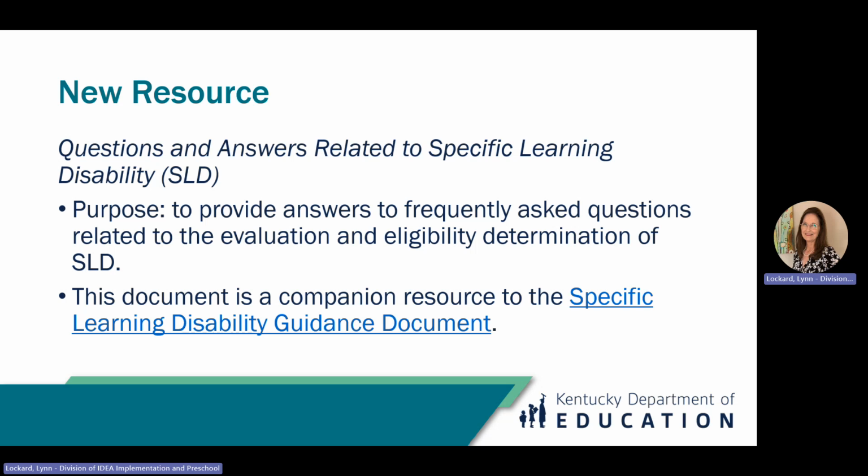As with any disability, the ARC must prove an adverse impact on the student's educational performance. To help clarify the evaluation and eligibility determination process for SLD, a questions and answers related to specific learning disability document has been developed to be a companion resource to the SLD guidance document.